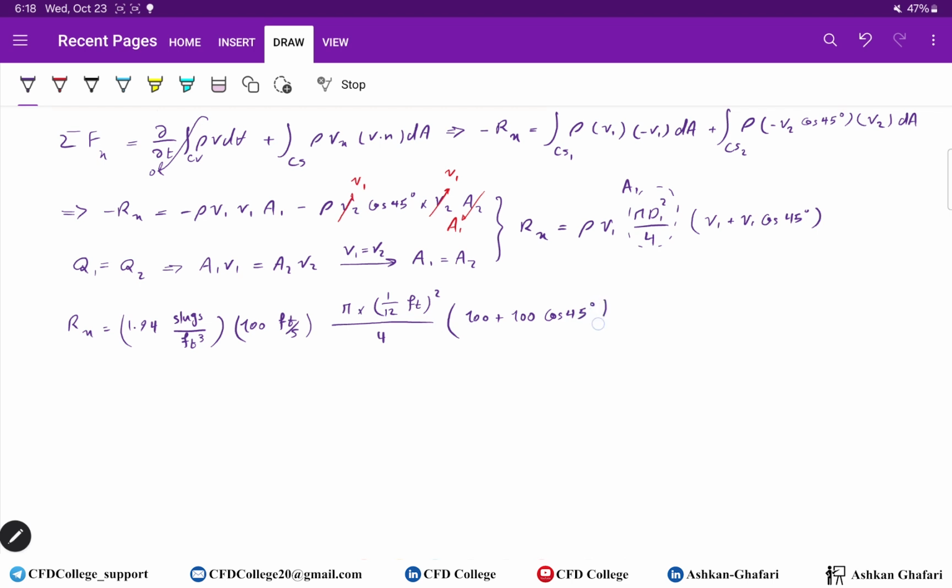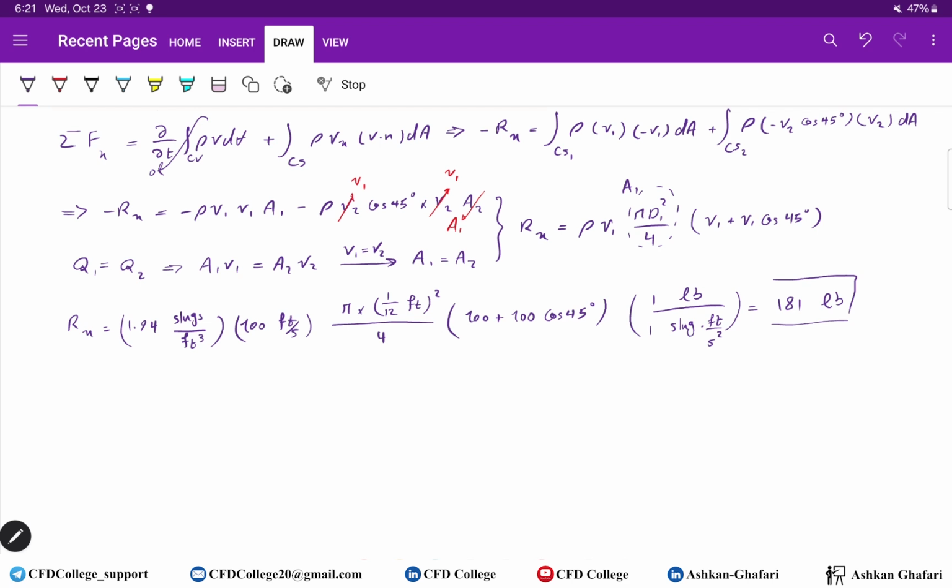And we should do the conversion. 1 pound is equal to 1 slug feet over second square. So Rx equals 181 pounds in the first part.